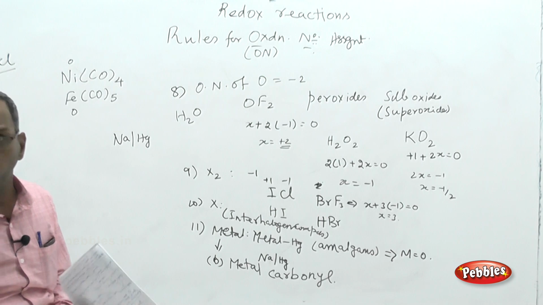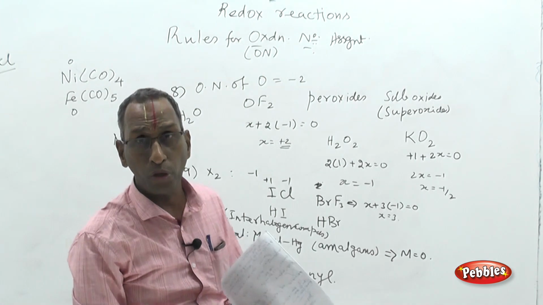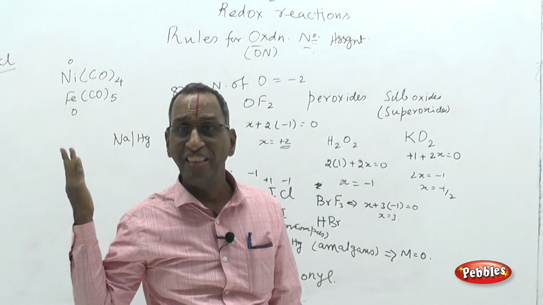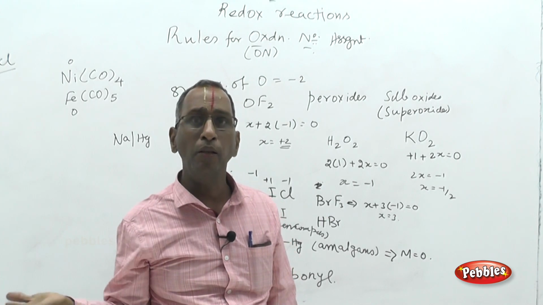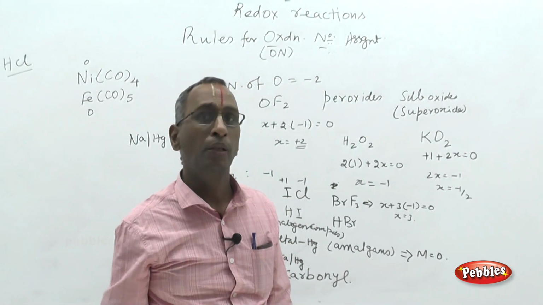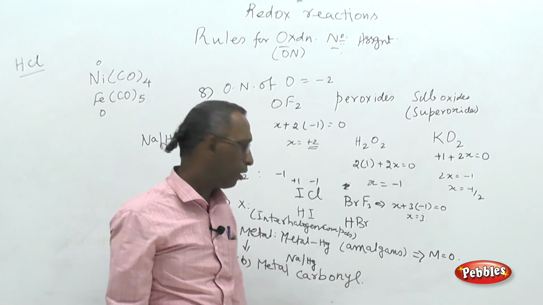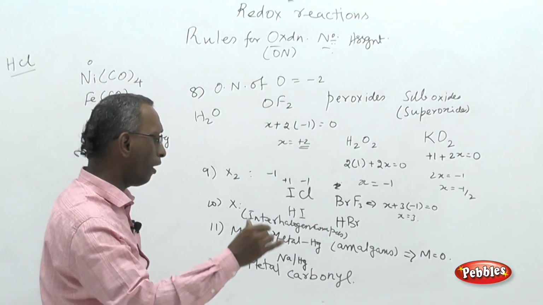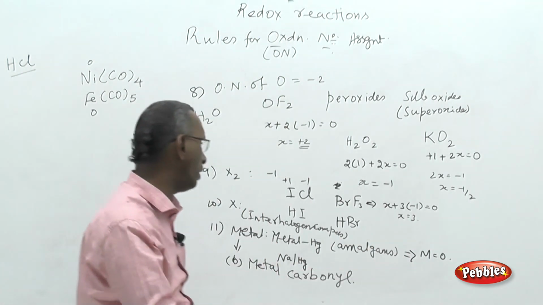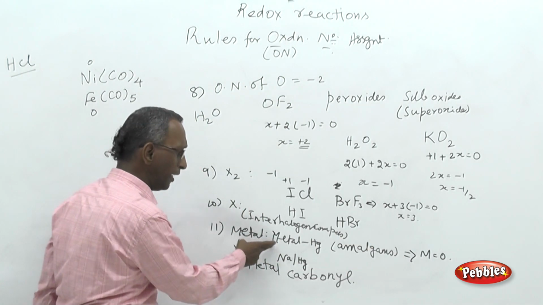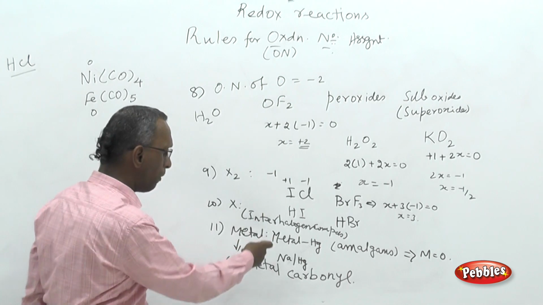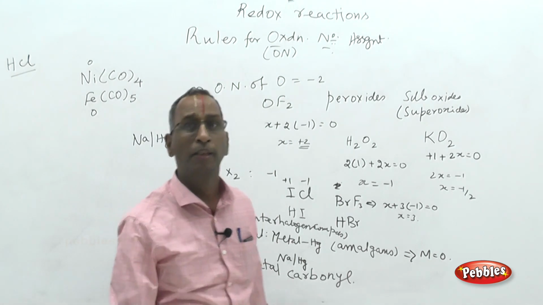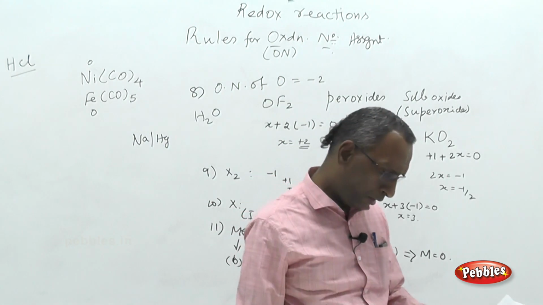It is a covalent compound; metal compounds are generally ionic, but this is covalent. So in covalent compounds like these, the oxidation state of the metal is 0. The oxidation state of a metal is generally the number of electrons it loses to form an ion, but in two important cases, metal amalgams and metal carbonyls, the oxidation state is 0.